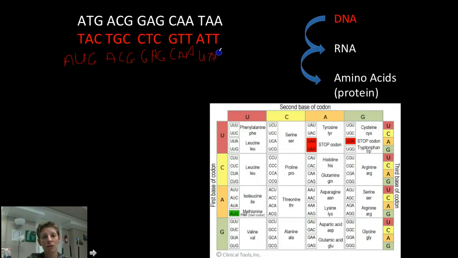So that was transcription. You took DNA and now it's represented in RNA. So that's where we stand now.